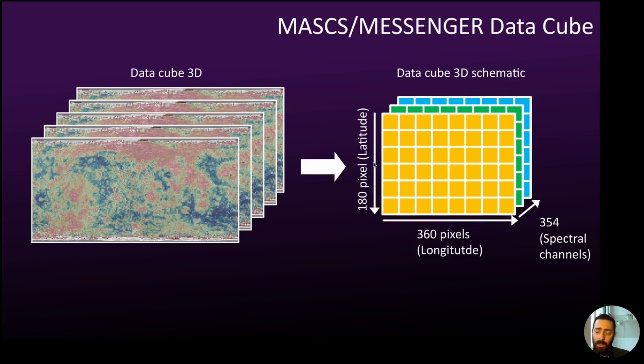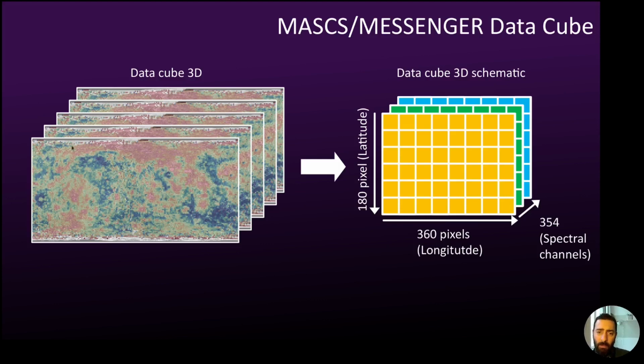You can see here our final data cube, we have 354 different layers. So it is like an image of several hundred layers. The X and Y directions are actually longitude and latitude, and the grid size is 360 by 180, so 1 degree per pixel.